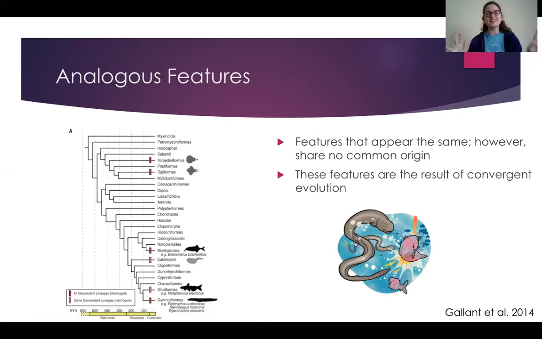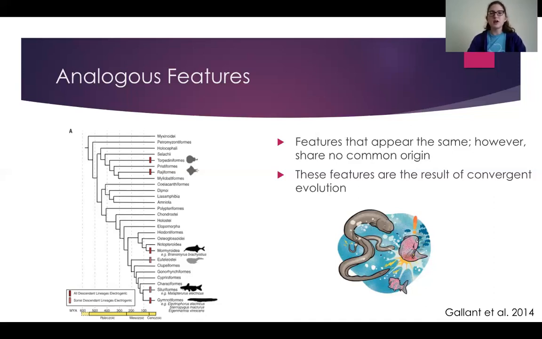But this can cause a really big issue when we are putting these fish on a tree, right? Because if we are just looking at the trait of an electric organ, we may accidentally put all of these fish on the same branch when actually they're from completely different lineages. So this highlights one thing that's really important when we're making our phylogenetic trees: you have to tease out these features that have arisen through convergence from other features.